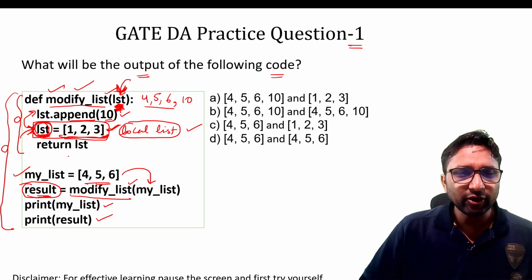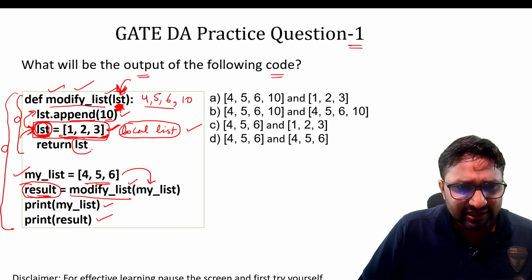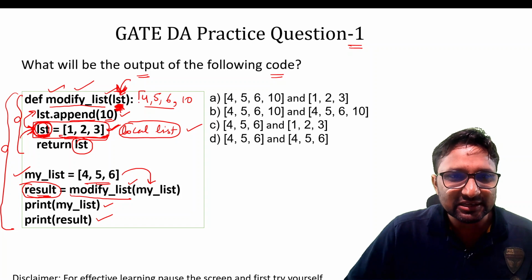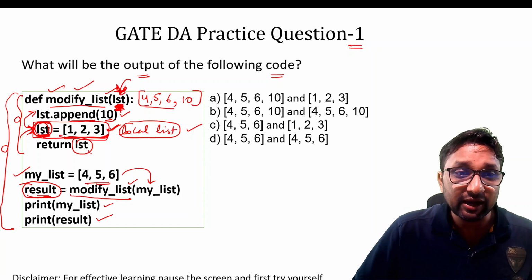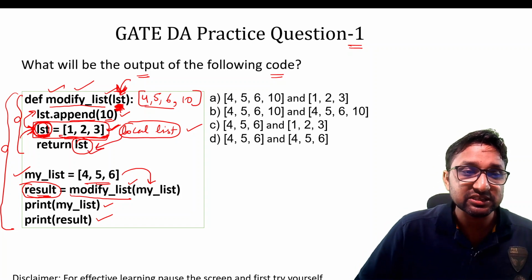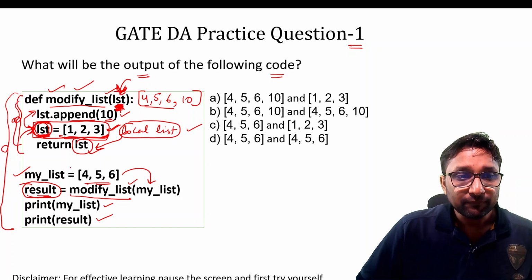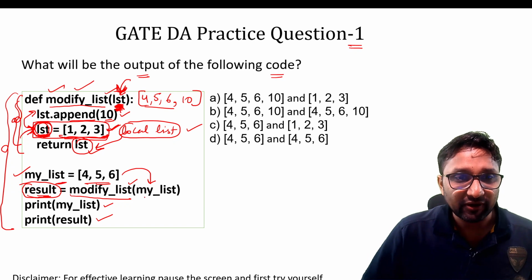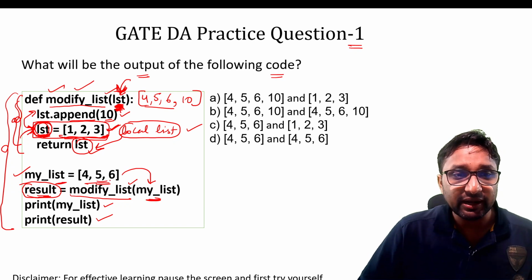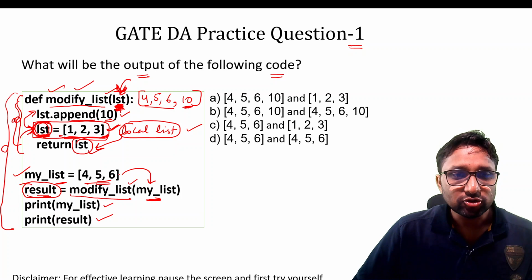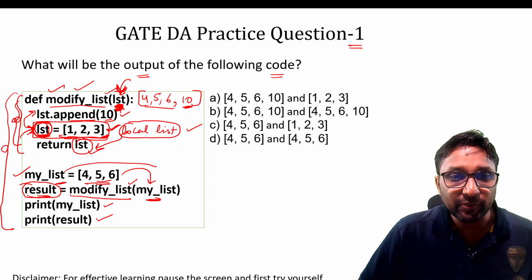When we return this list, we are not returning the parameter list this time, we are returning this local list from the function. What we have done is receive my_list and insert 10 into it, so the my_list value is now 4, 5, 6 and 10.